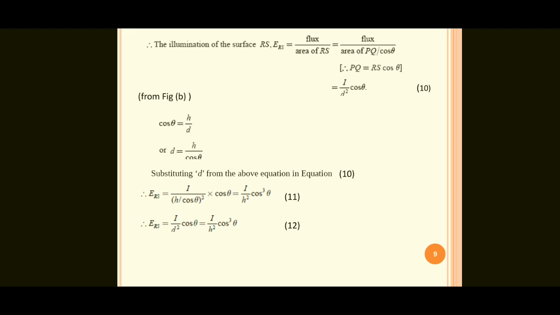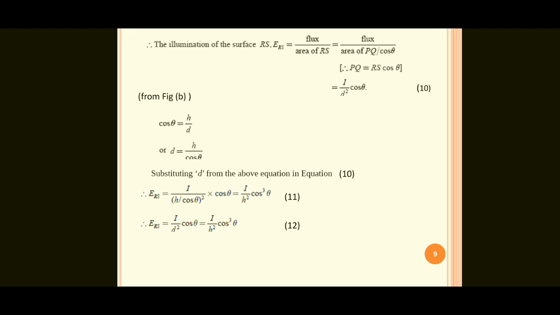So the illumination of the surface RS, ERS, is equal to flux per area of RS, means flux per area of PQ by cos theta.